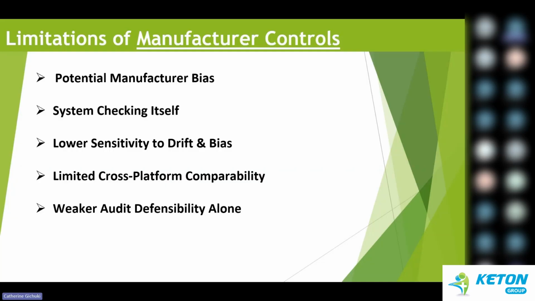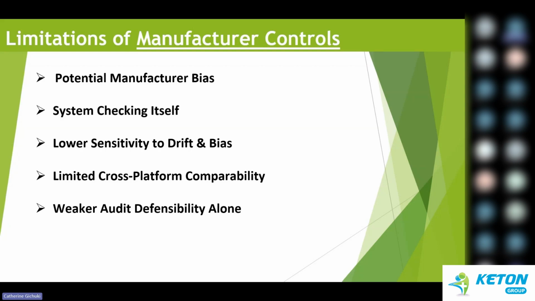Then the second one is the system checking itself. When the manufacturer makes an analyzer, makes reagents, makes a calibrator and a QC, it is to check itself. This usually can cause the QC, which is supposed to be a check of everything else that has been done, to miss a hidden system-wide error.